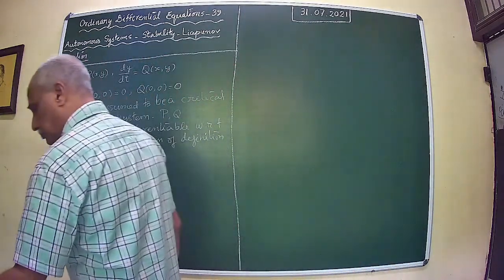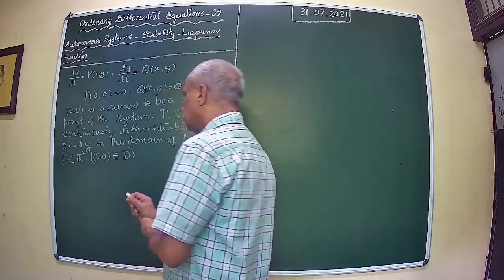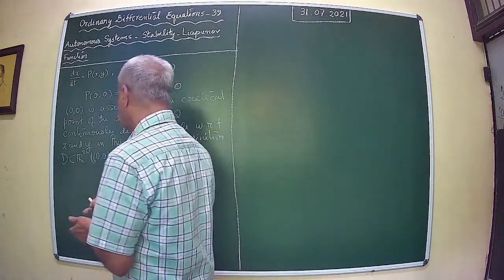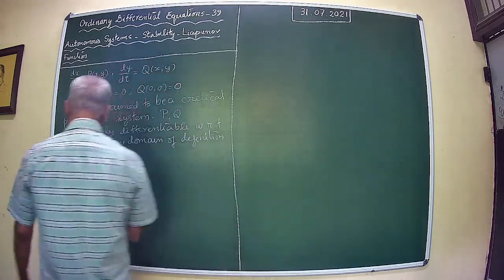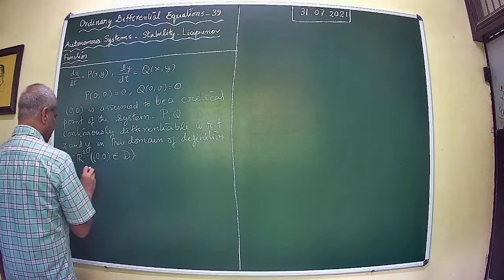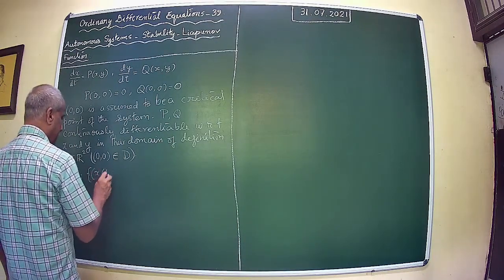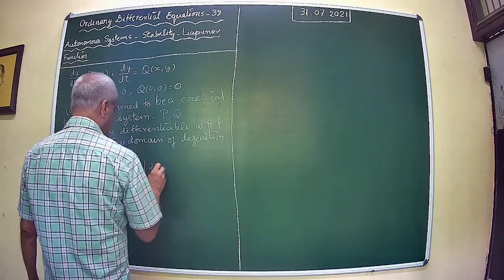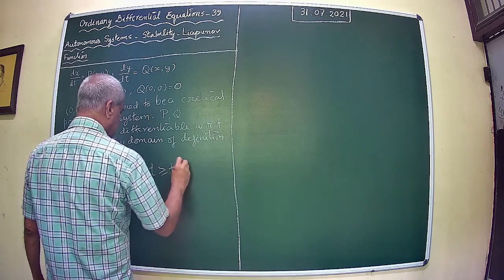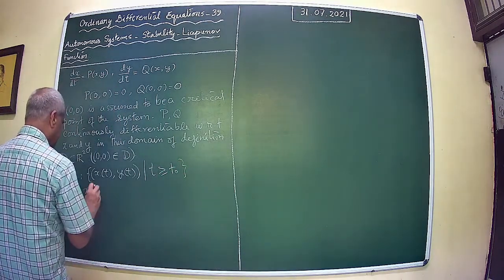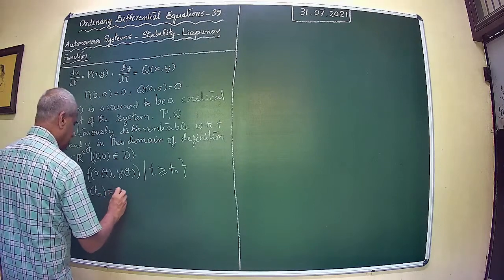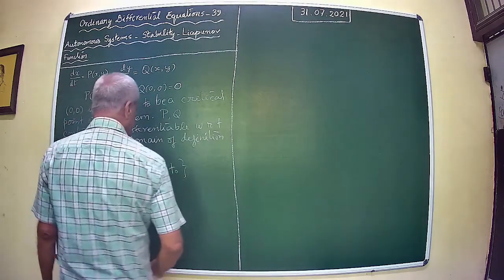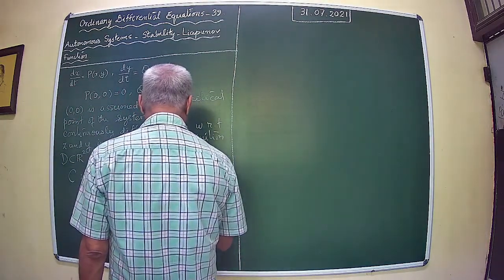Now what we assume, so we have C defined by t greater than or equal to t naught, where x(t naught) equal to x naught, y(t naught) equal to y naught.